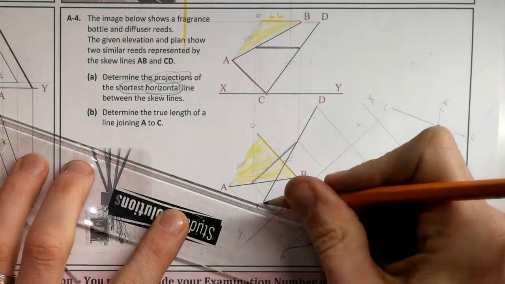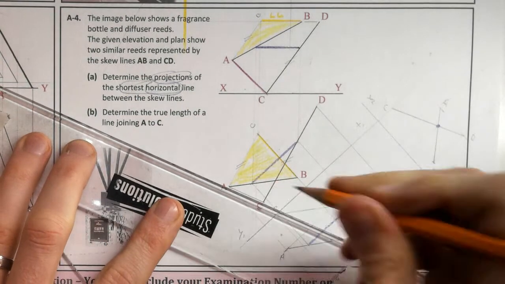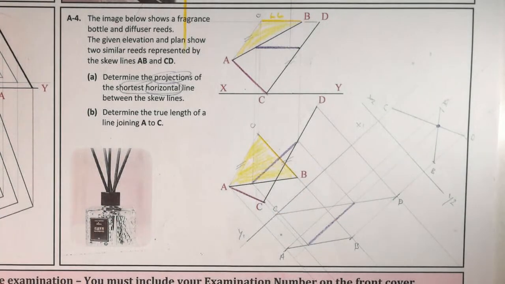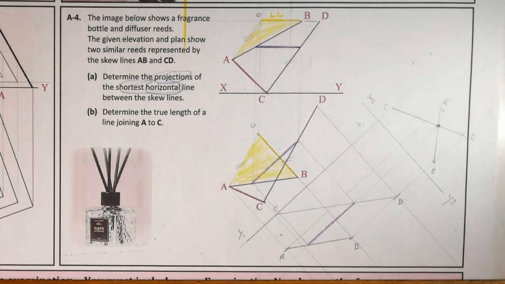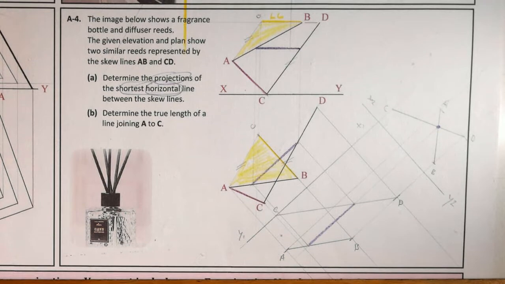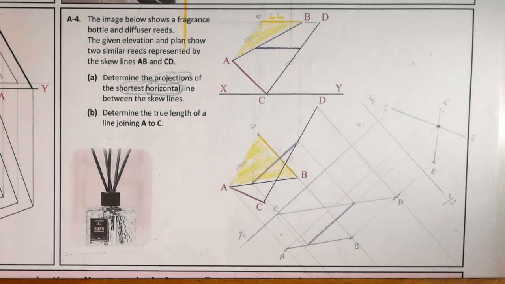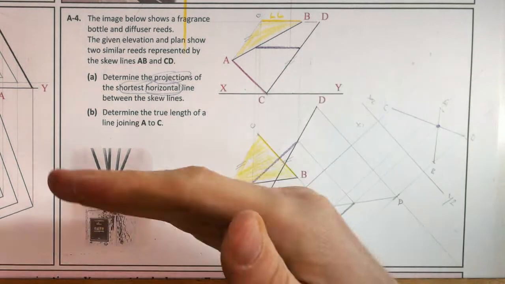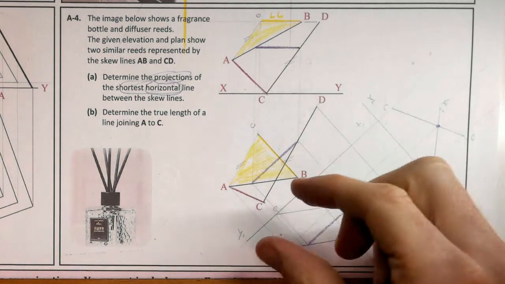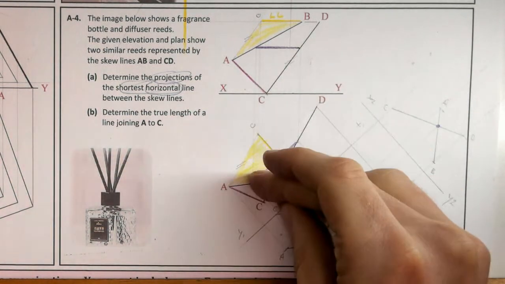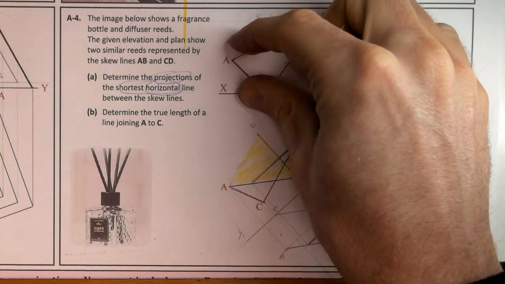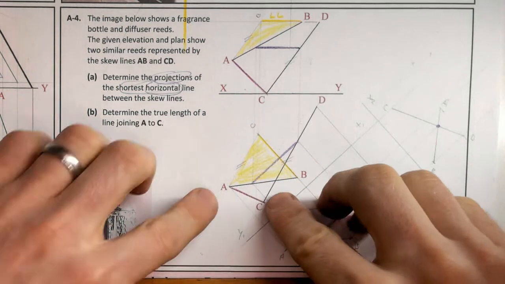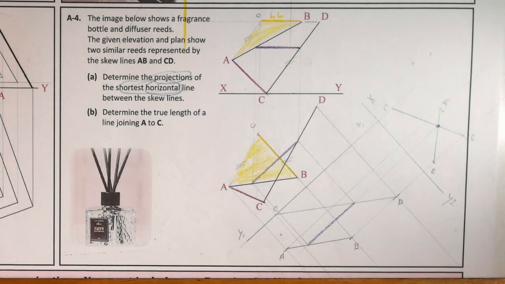And a line joining A to C. So we have a number of methods, but the ones I'll be leaning towards: 1, take an auxiliary view, looking perpendicular to this line, x1, y1 here, projected from the plan, so I would take my heights from my elevation, because it's an auxiliary elevation we're creating, or we can rotate this line around.